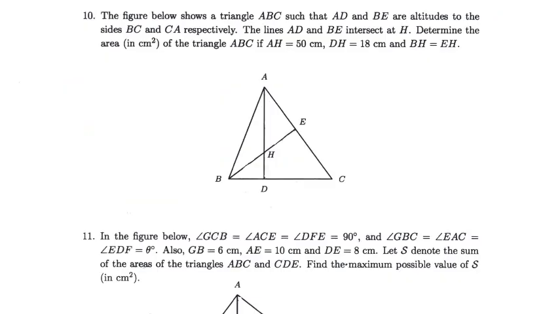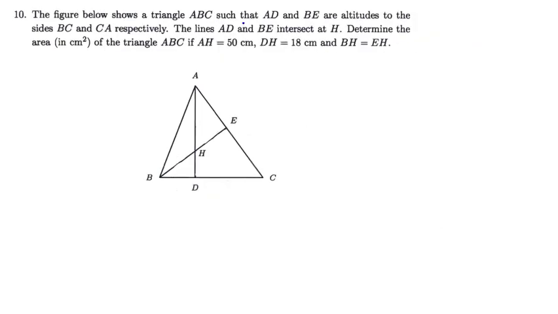Singapore Mathematical Olympiad SMO 2021 Senior Section First Round, problem number 10. The figure below shows a triangle ABC such that AD and BE are altitudes, so they are 90 degrees to the sides BC and AC respectively.